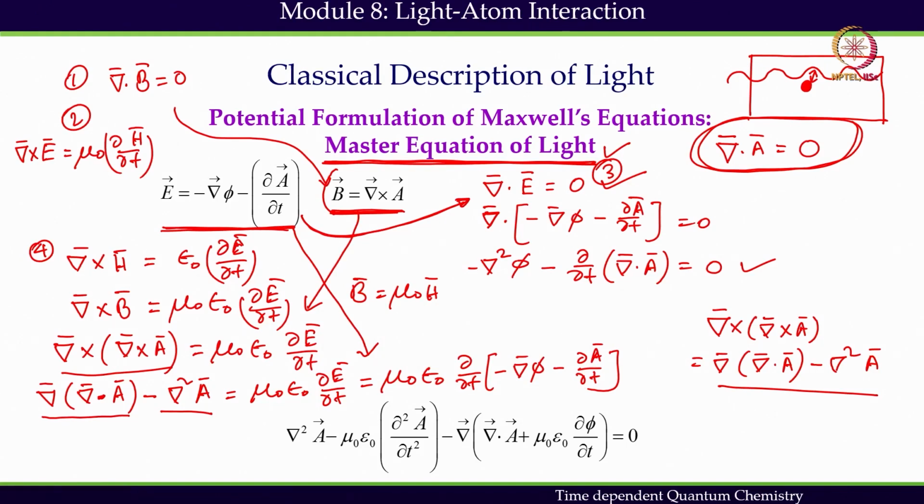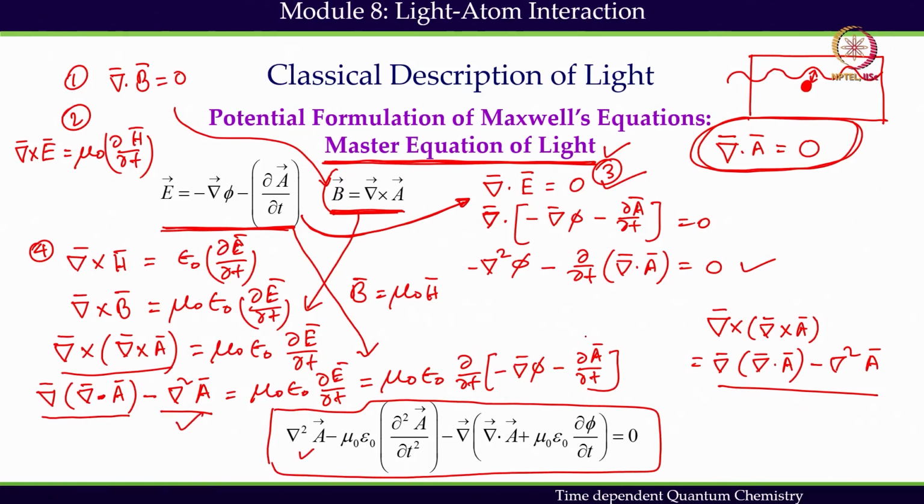And if I shuffle these equations a little bit, then this is the equation we finally get. We have this del square part here, and then we have the time derivative part.